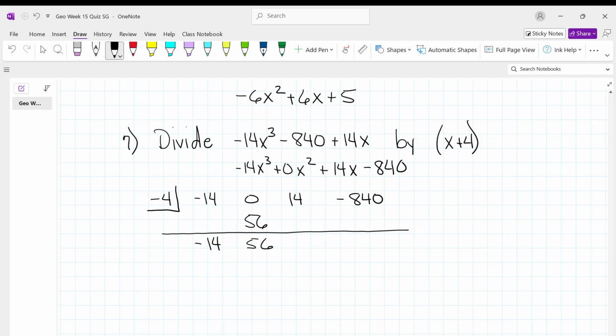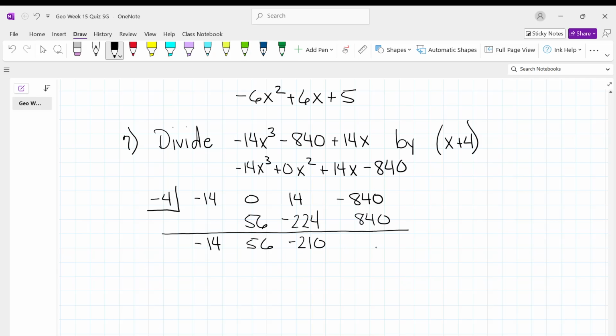Negative 4 times 56 is negative 224 plus 14, negative 210, times negative 4, positive 840.